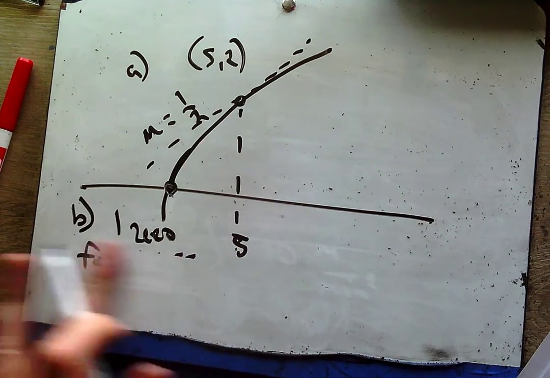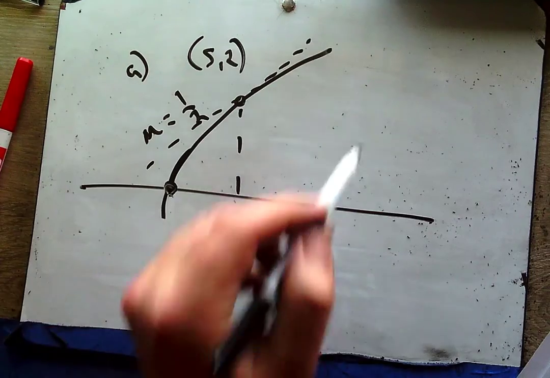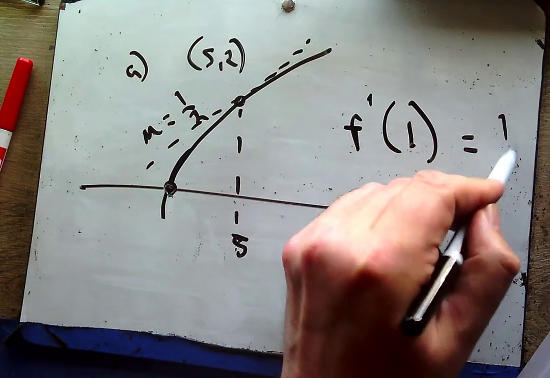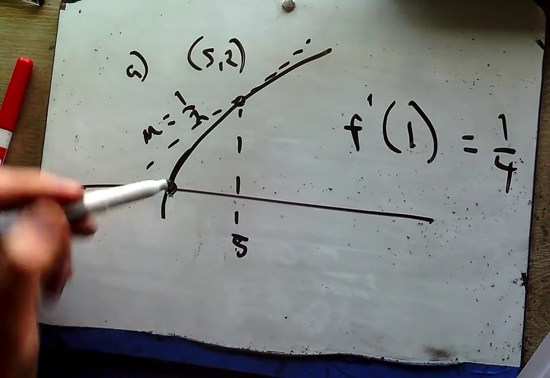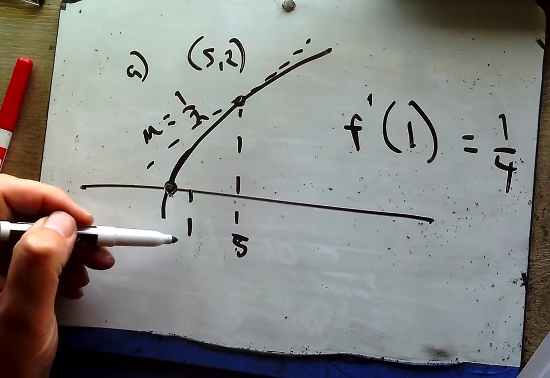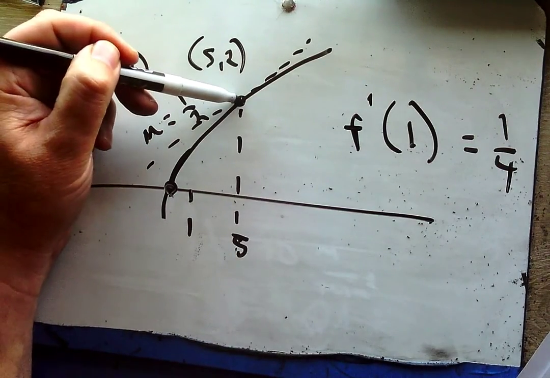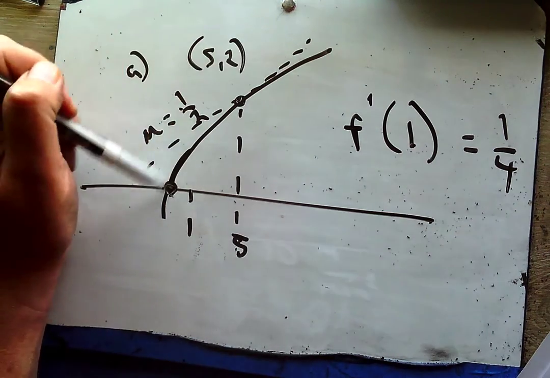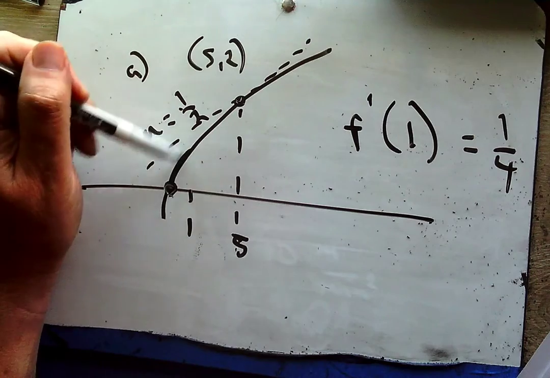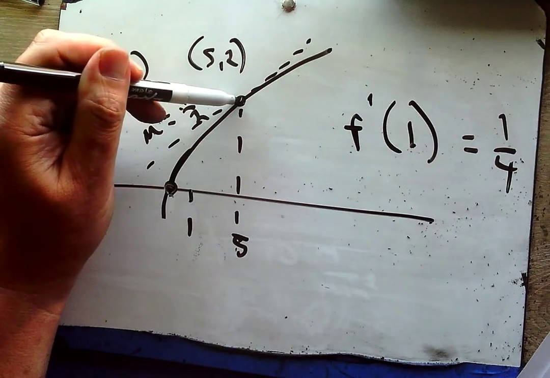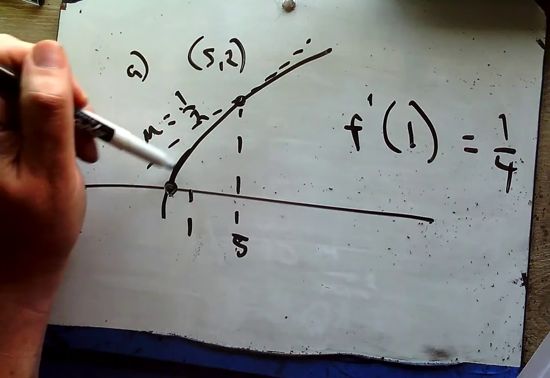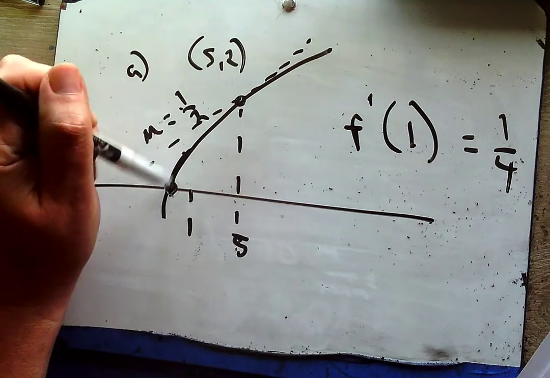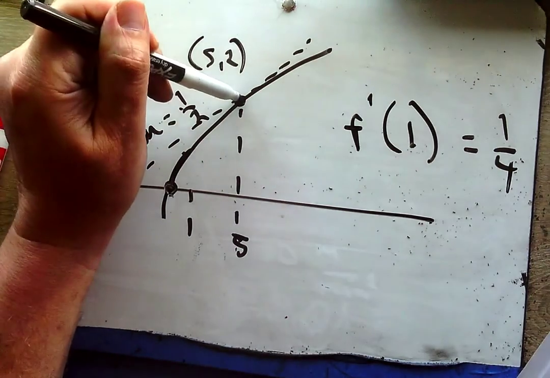And then they say, is it possible for f prime of 1 to be 1/4? Well, 1 is going to be over here. The slope here is 1/2. And look at these slopes. Is this slope steeper than this slope? I think so. I think the slopes over here are bigger slope numbers than the slope here.